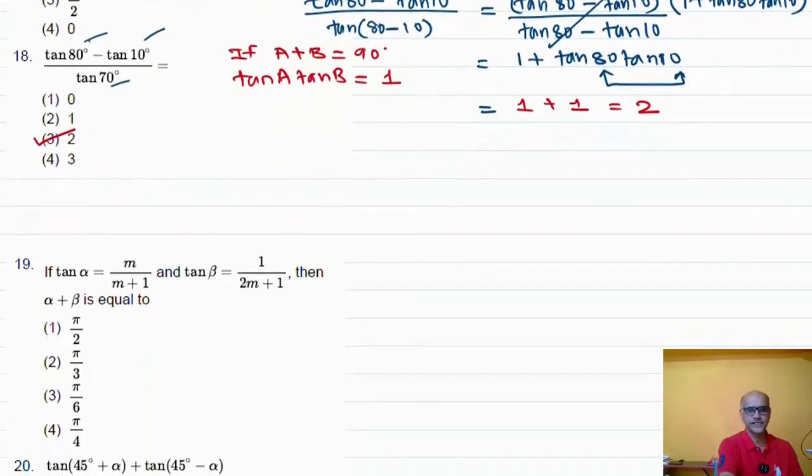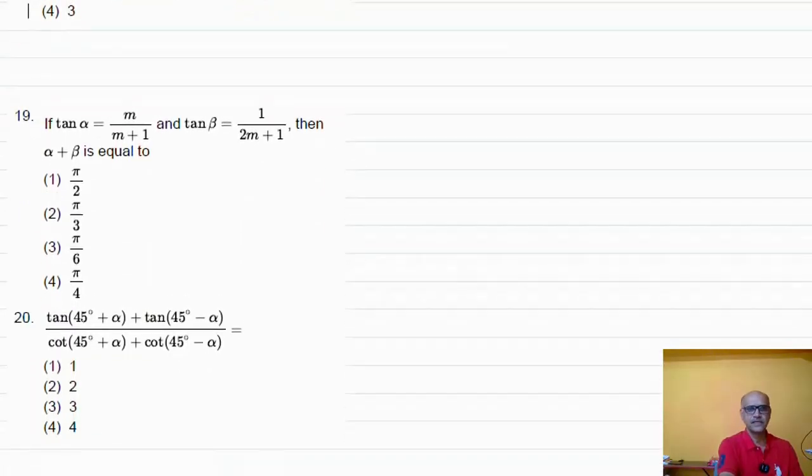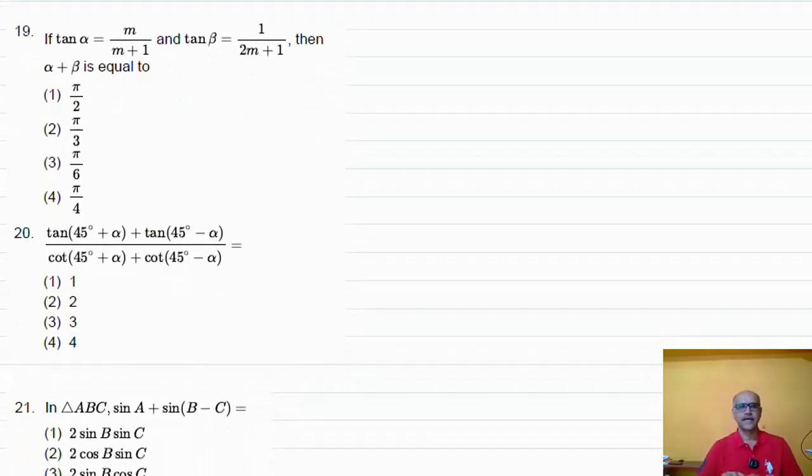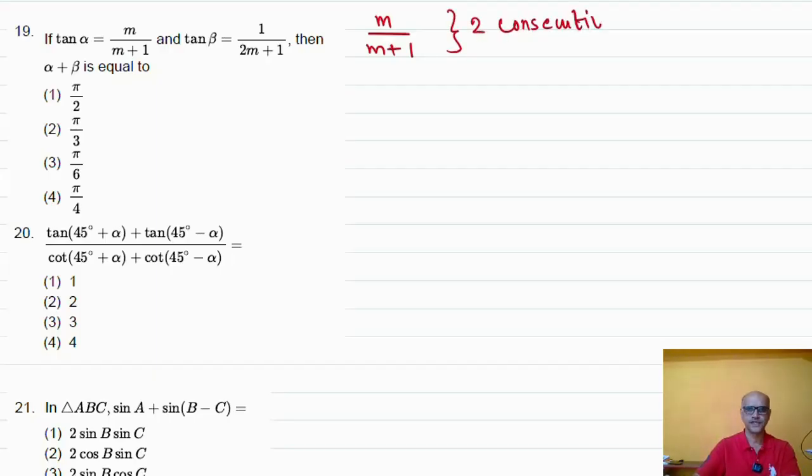Clear? Next, this is the standard 19th. Remember it directly; to solve it you would have to use tan alpha plus beta. If you observe here, m and m plus 1 are two consecutive numbers, and 1 by 2m plus 1.